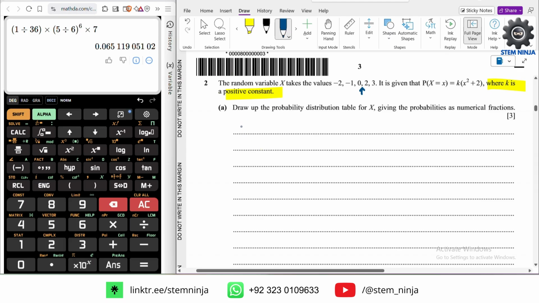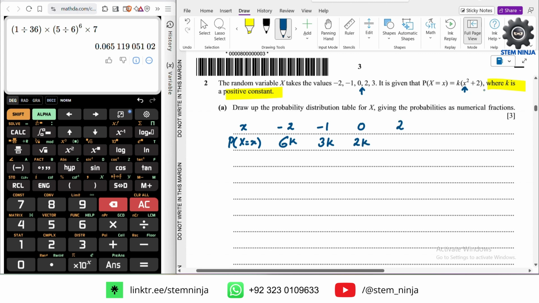Okay, so we'll draw the table later, but first let's work it out this way. You have first x is equal to -2. When it is -2, you see -2 squared would be 4, 4 plus 2, 6k. Then you have -1: 1 plus 2, 3k. 0: 0 plus 2, 2k.